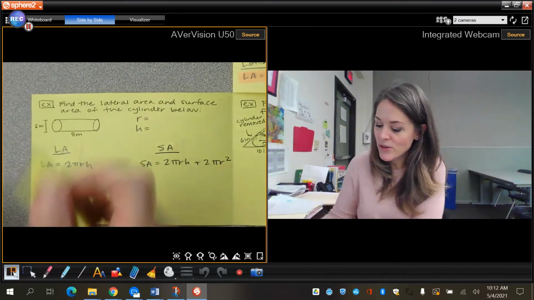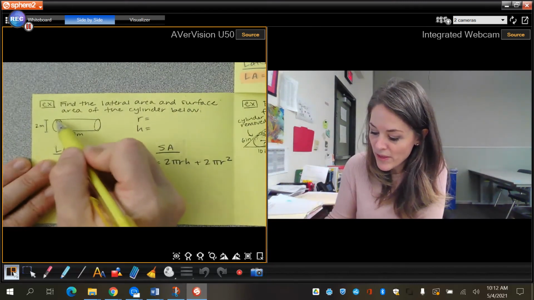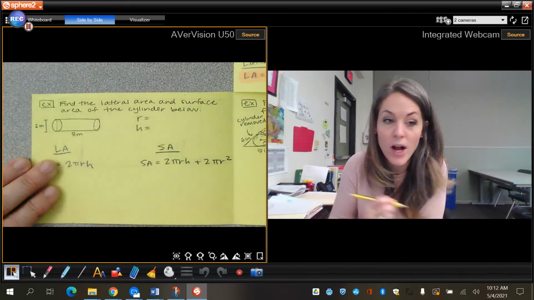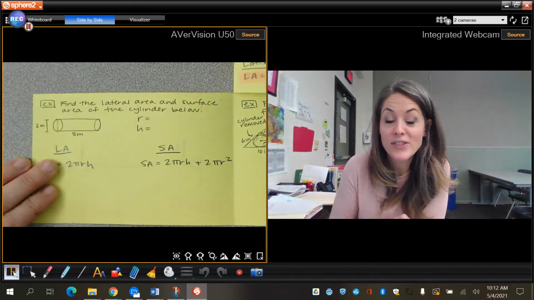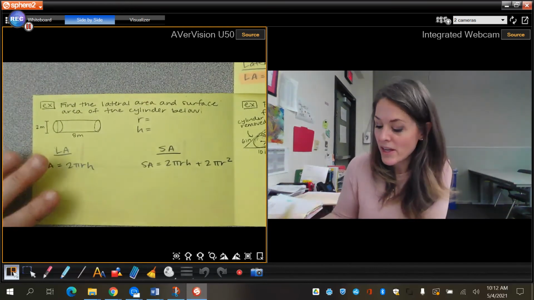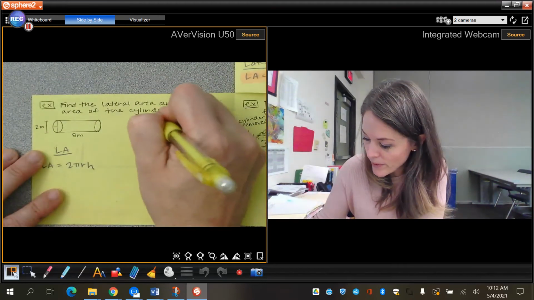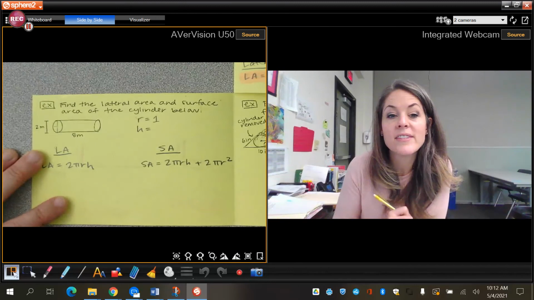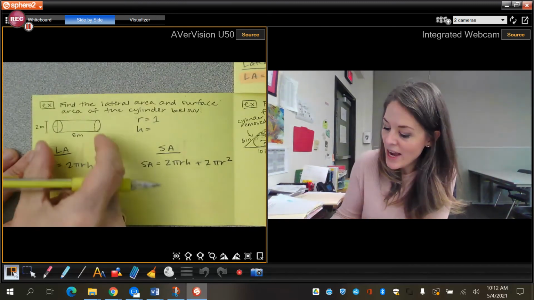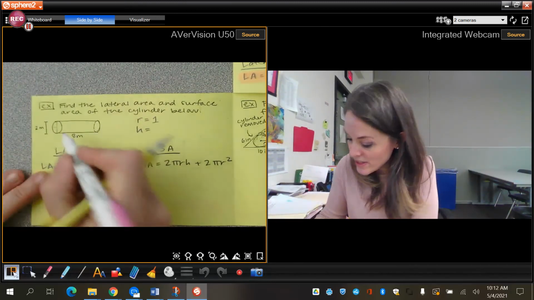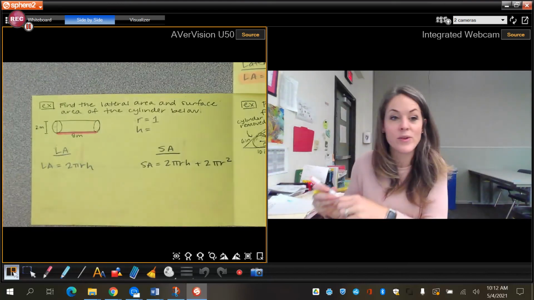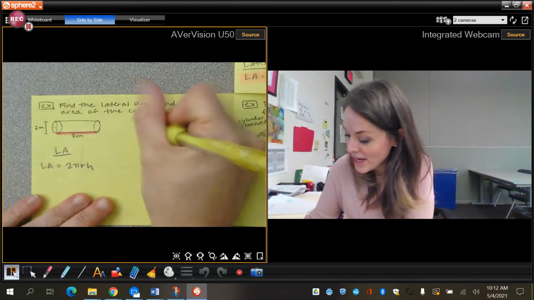So notice here I have 2, and that's for the whole distance across that circle, so that's the diameter. We could take that, split it in half to get the radius. So the radius would be 1 in this case. And then the height connects the two bases together, so this right here, the height, would be 8.